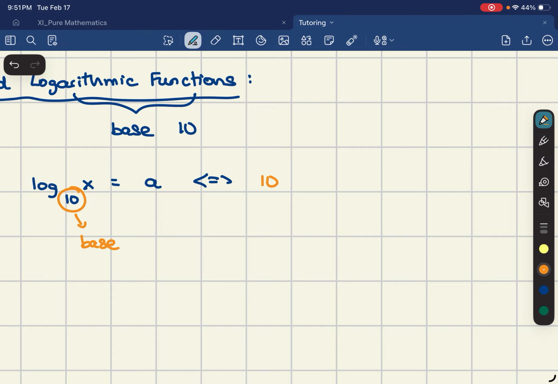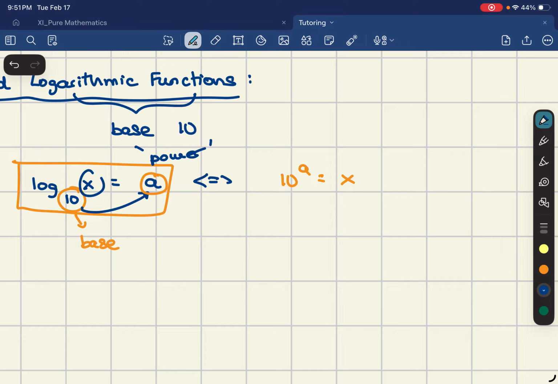But if you have a base 10, and you have an expression in this form, then you're going to take your base 10, raise it to a, and that is going to be equal to x. So you take your base, you raise it to this power, and that is going to give you x.